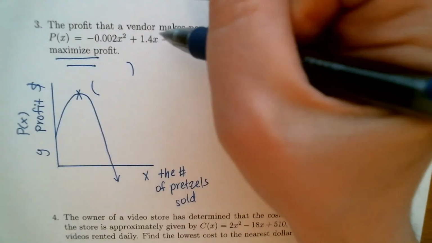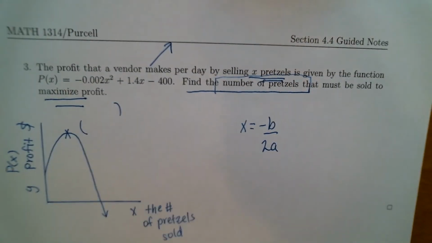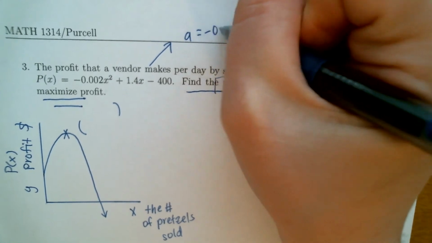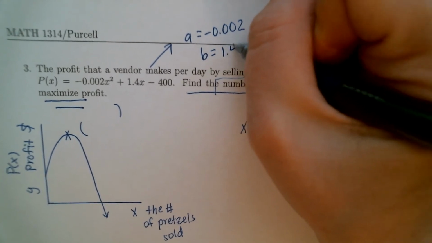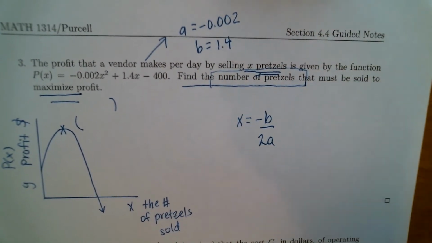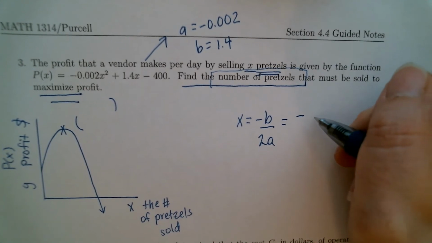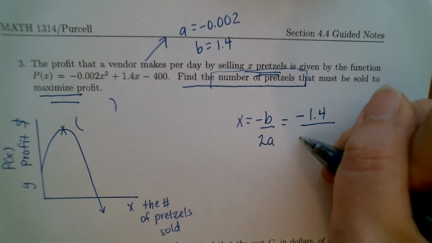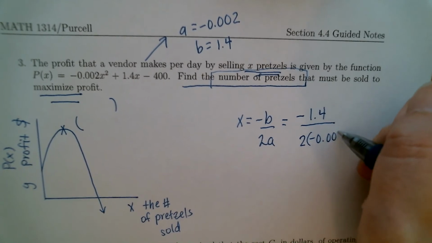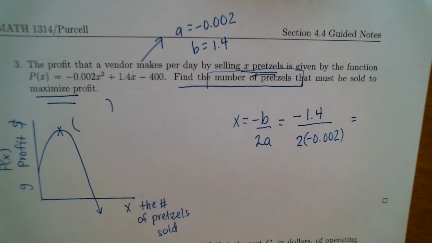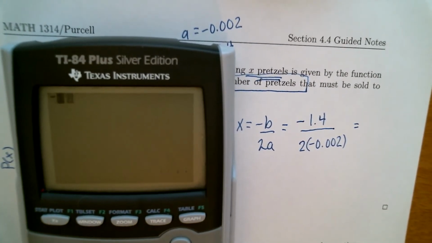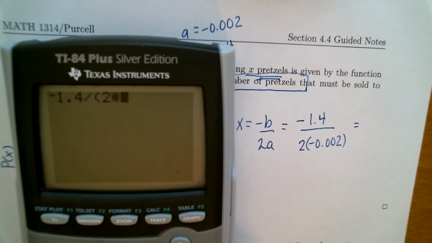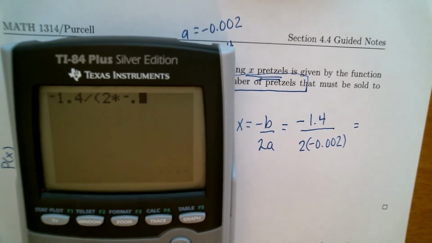So if you go back to our function here, a is negative 0.002, and the b value is positive 1.4. Just plug those guys in. So we're going to get negative 1.4 over 2 times negative 0.002. Plug that into your calculator. Let's see what we get. Negative 1.4 divided by, put the entire denominator in parentheses if you have an old school calculator.